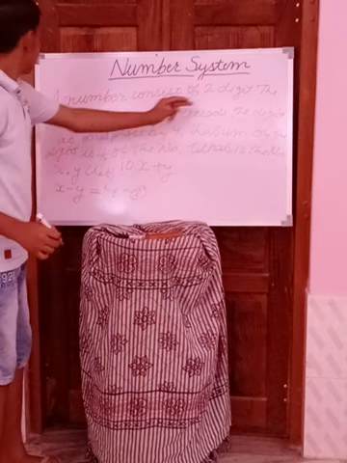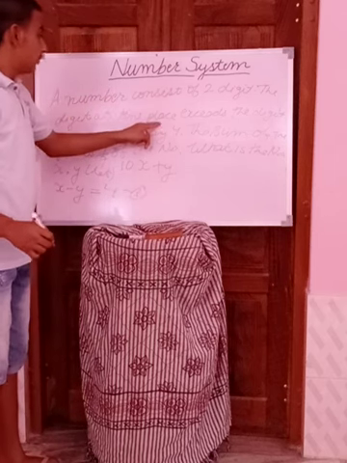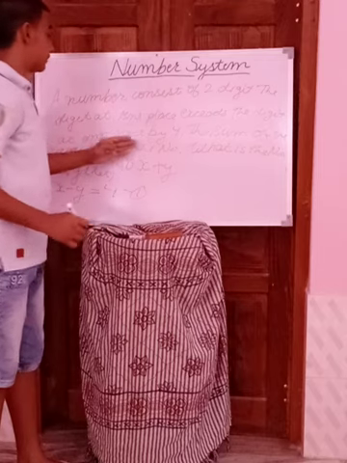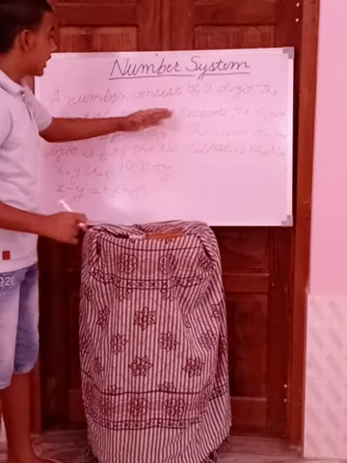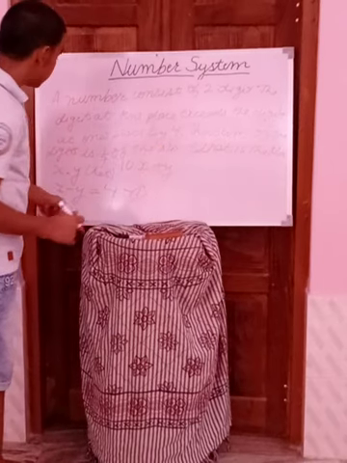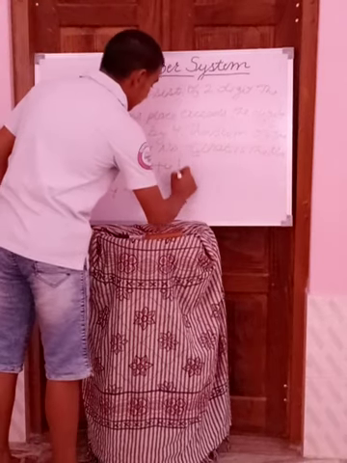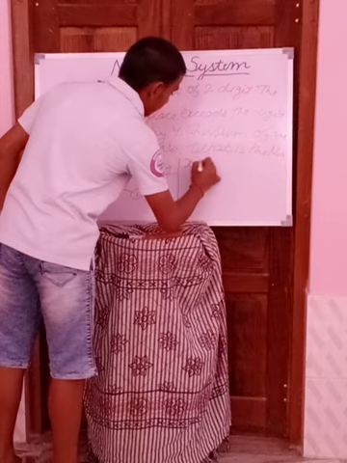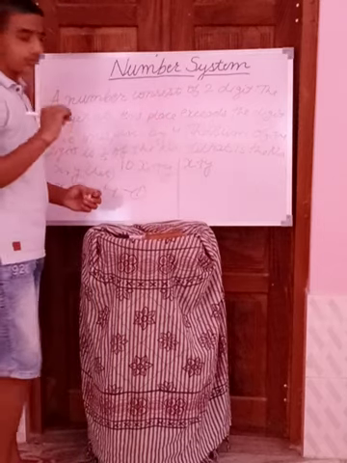It means the digit at tens place is 4 greater than the digit at ones place. So this is our first equation, and then it is written that the sum of the digits is 1/7 of the number.